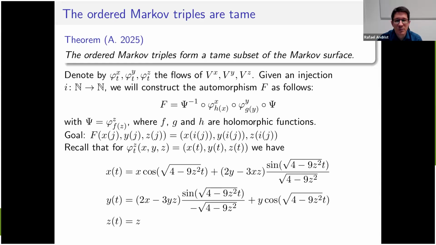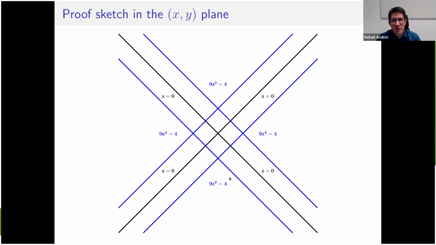So I have to remove this bad set. What I'm going to do is remove the set, and this is in the xy plane. You should think of the Markov surface as a two-sheeted branched covering over the xy plane because it's a quadratic equation in z.